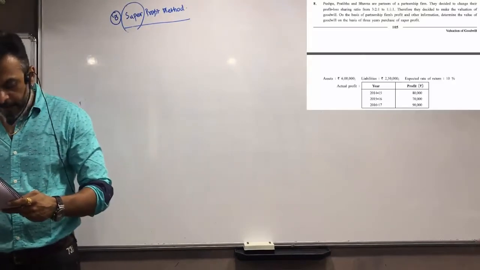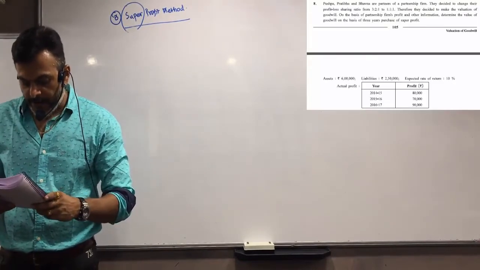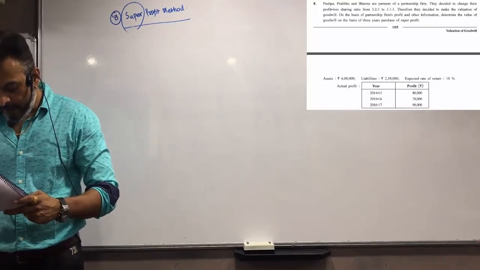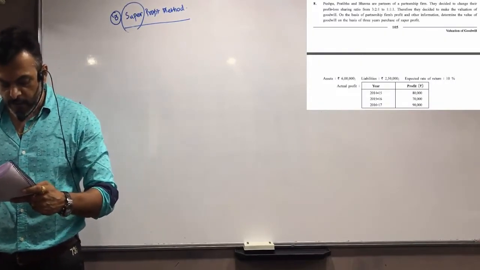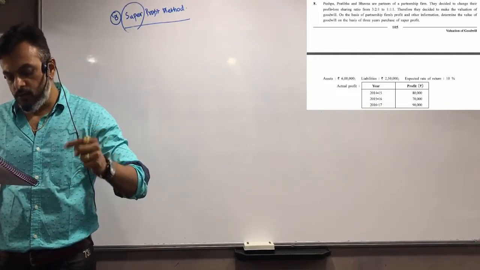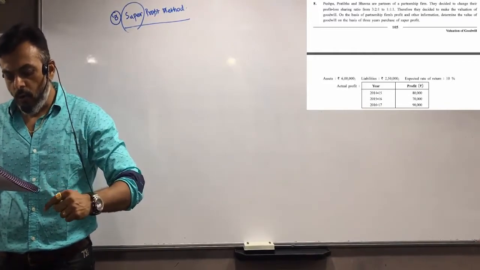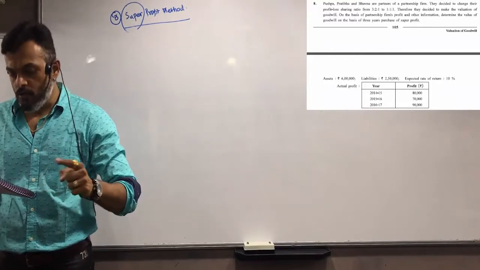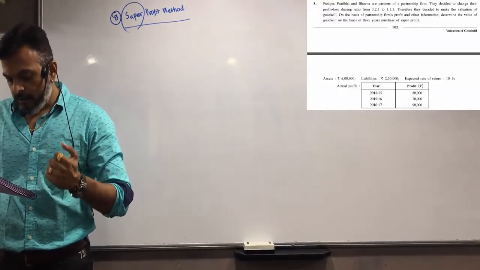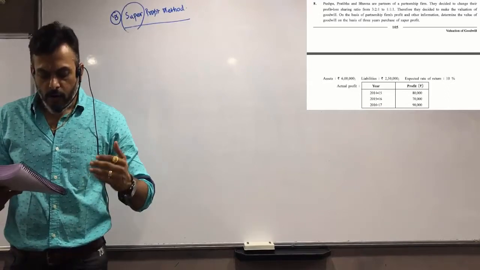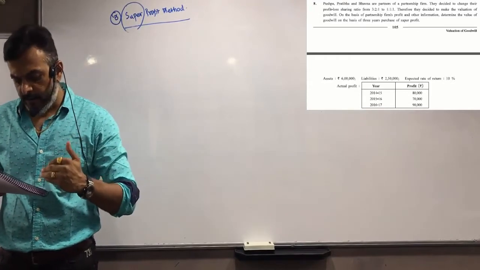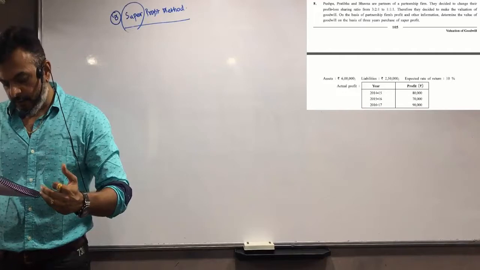Pushpa, Pratibha and Bhavna are partners of a partnership firm. They decided to change their profit loss sharing proportion from 3:2:1 to 1:1:1. Therefore, they decided to make the valuation of goodwill on the basis of the partnership firm's profit and other information.